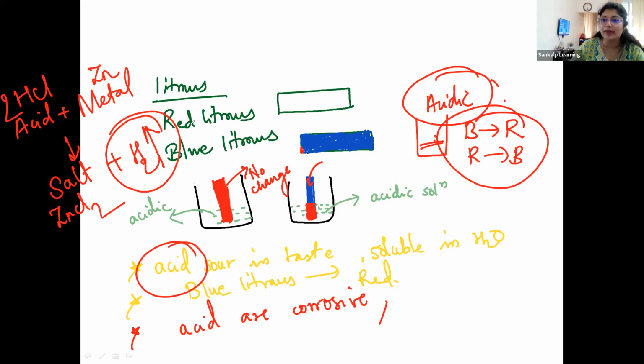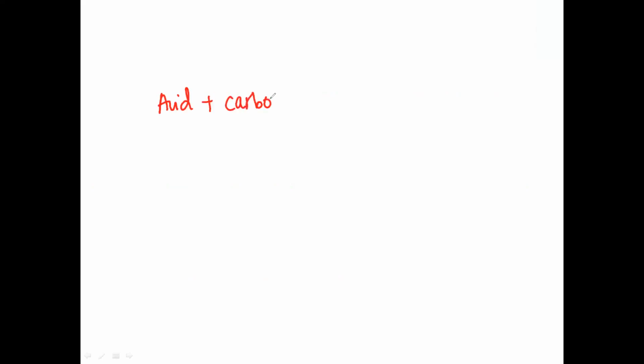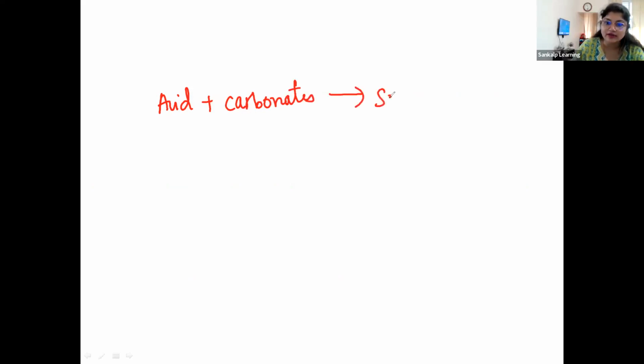So whenever metals react with acid, they give you salt plus hydrogen gas liberated. And when acids react with carbonates, what is the reaction? It gives you salt plus water plus carbon dioxide.